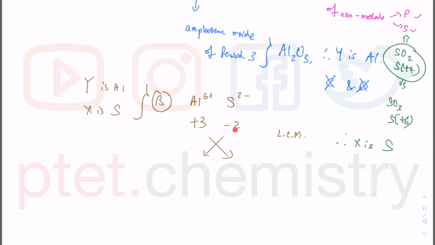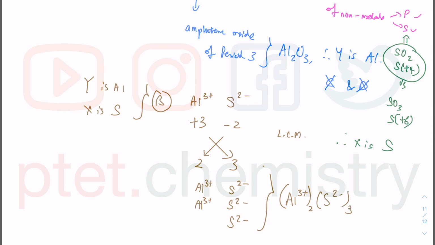So I'll bring down the number, which is 2. I bring down the number, which is 3. This means 2 Al3+ will combine with 3 S2-. So altogether I have Al3+, 2 of them, and S2-, 3 of them. This simplified to Al2S3, and that is option B there.